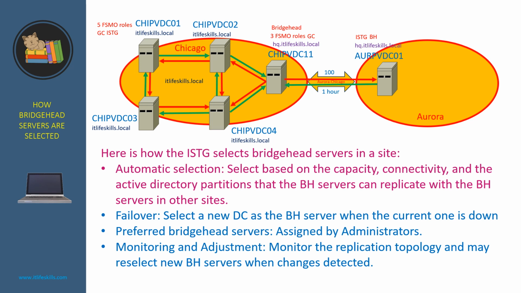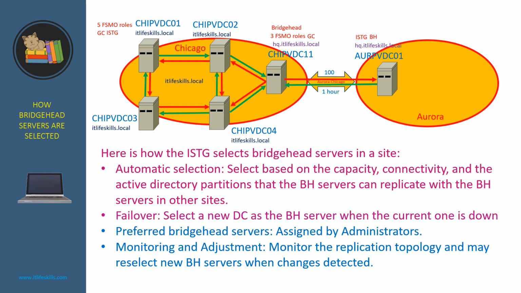The KCC will choose the bridgehead servers based on the server's capacity, connectivity, and the AD partitions that the bridgehead servers can replicate with the bridgehead servers in other sites. In this case, CPVDC01 selects CPVDC11 as the bridgehead server of Chicago site because it has all the partitions to replicate with OPVDC01.